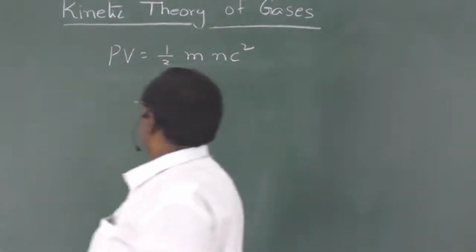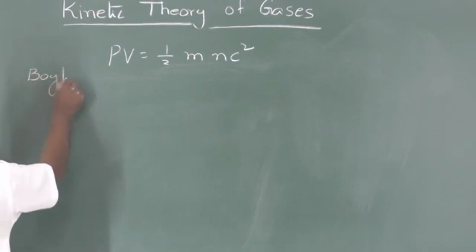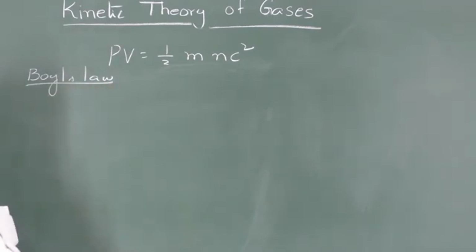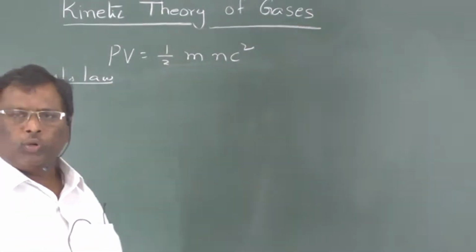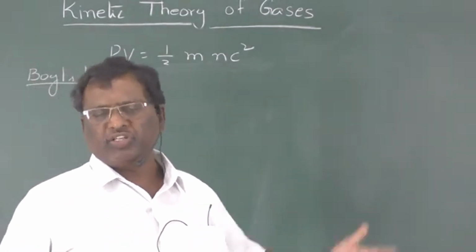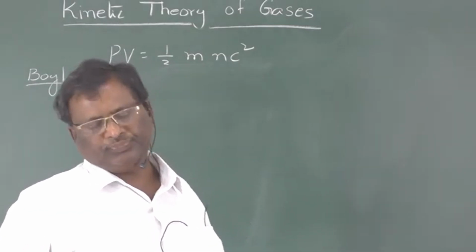First one is Boyle's law. Robert Boyle derived a relationship between measurable properties, volume and pressure, of a given mass of gas at constant temperature.